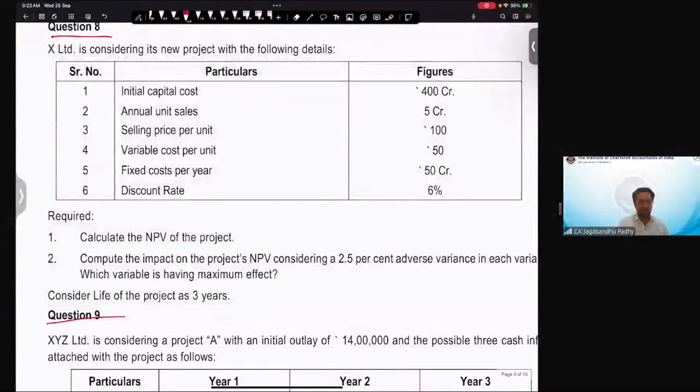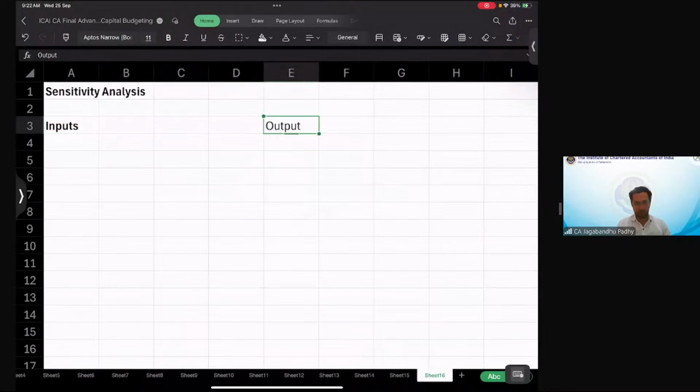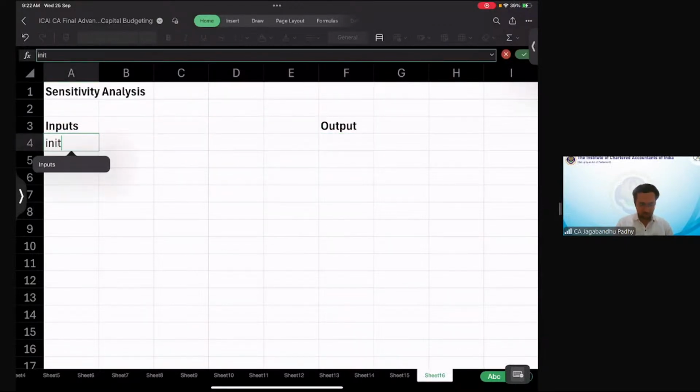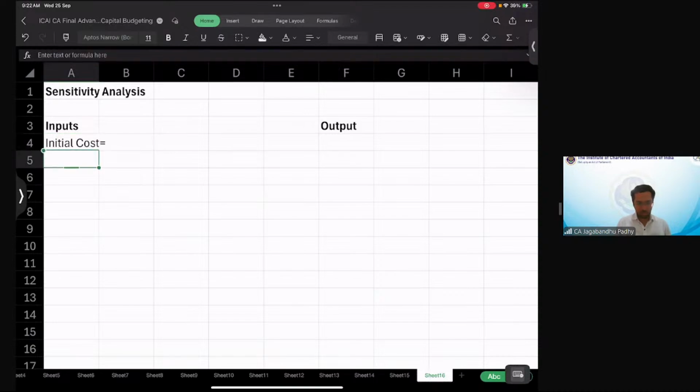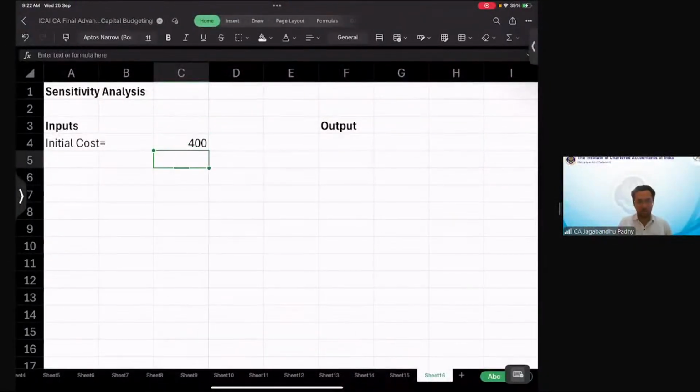Like in this question number 8, the inputs are initial investment or initial cost, which is 400 crores.